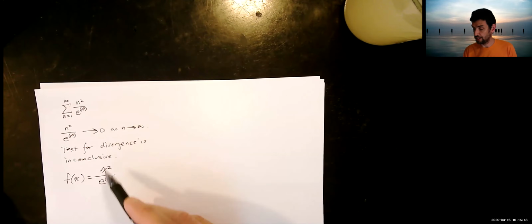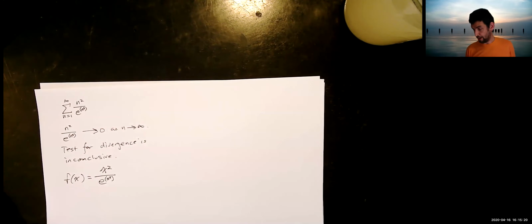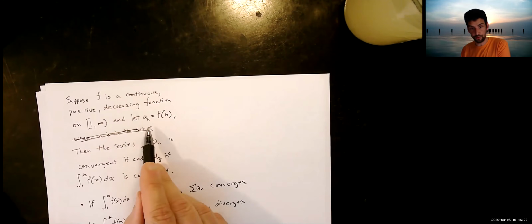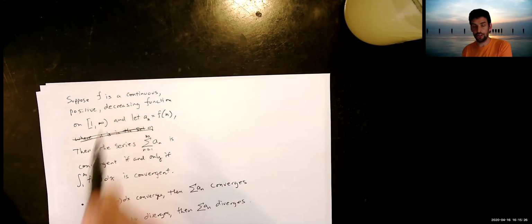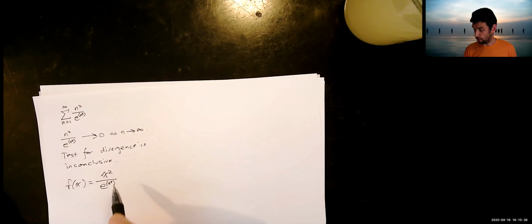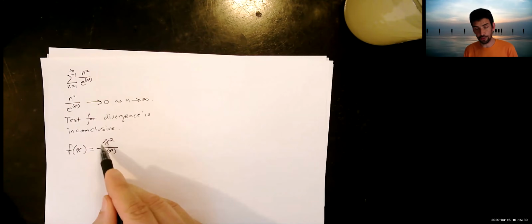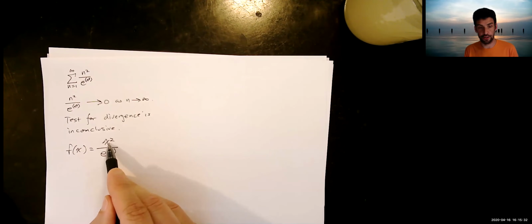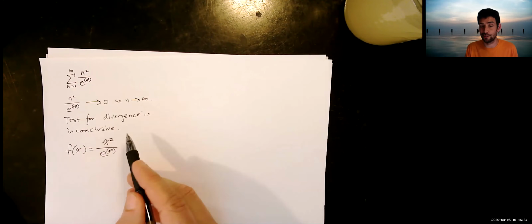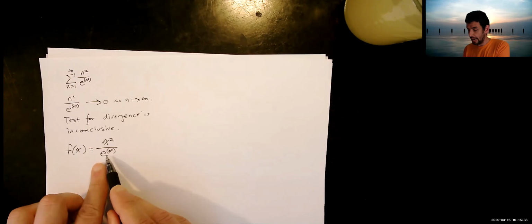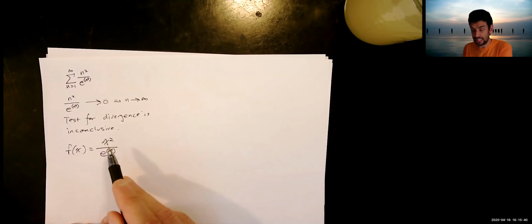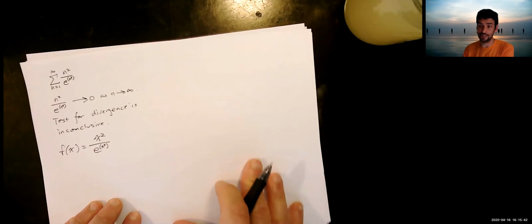If I plug in an integer, I get that. So that was, remember, one of the conditions I need. I also need to know that it's positive and decreasing. So positive is easy. x squared is always going to be positive, unless x is 0, but we only care, remember, about from 1 to infinity. And exponentials are always positive. So it's positive. We've got to see that it's decreasing.